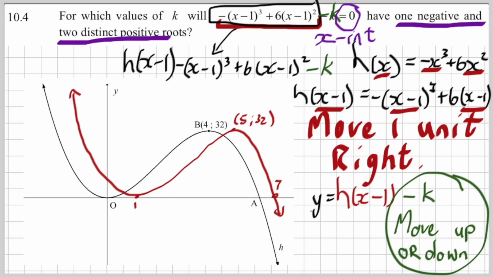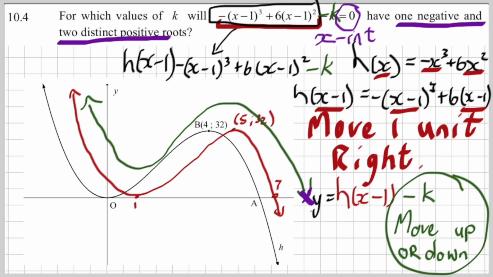So the first option that I've got is moving it up. But if I move it up, I'm only going to have, look, that big purple x, 1 positive x-intercept. I don't want that.